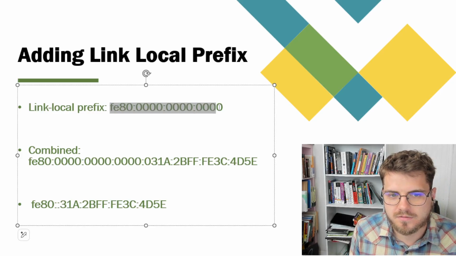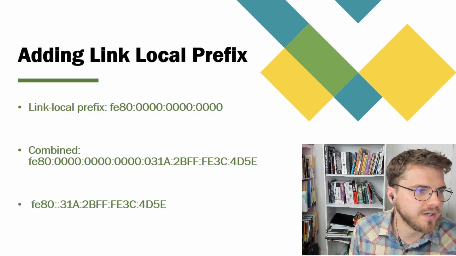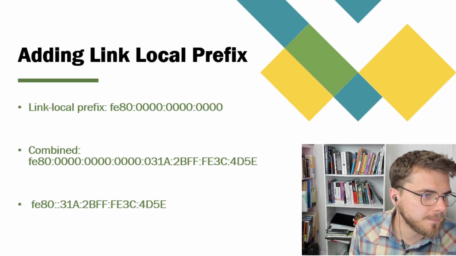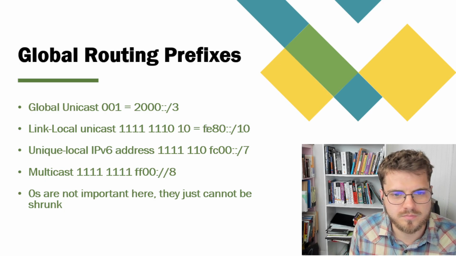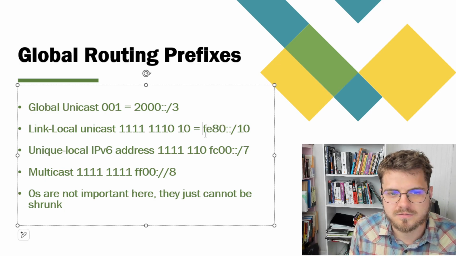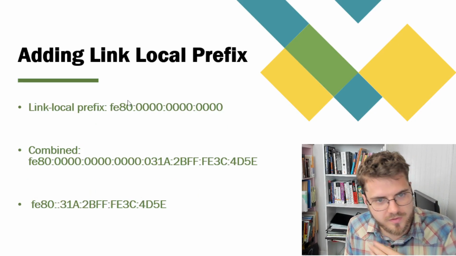Now this is the unabbreviated version of this, but let me go back and show you just the link local. It's FE80. It just looks different when it's extended out like this.